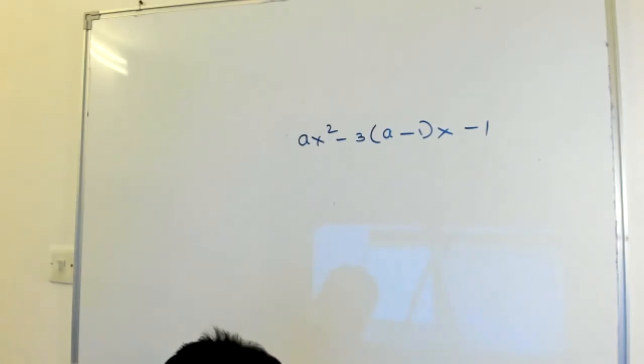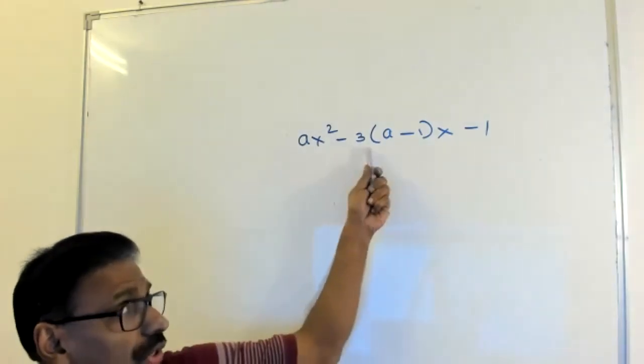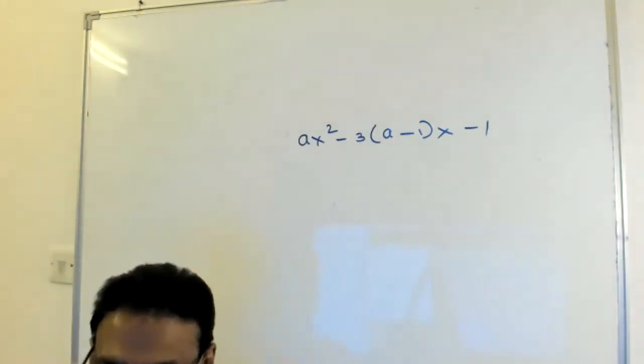Sir, after 3 into (a minus 1), is that x or a multiplication sign? It is 3 into (a minus 1) into x.